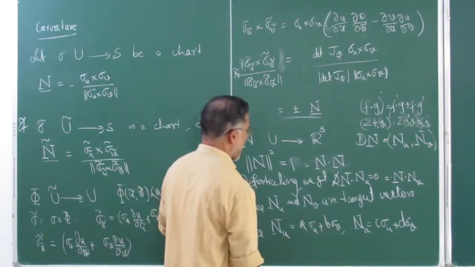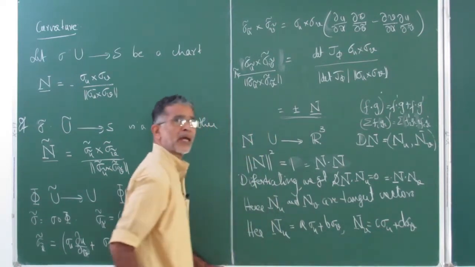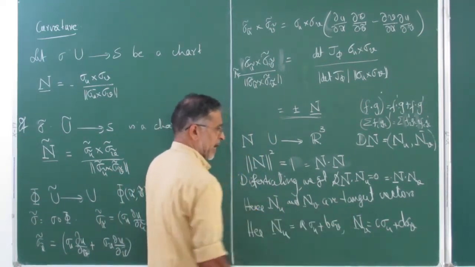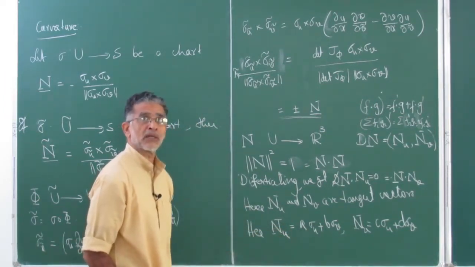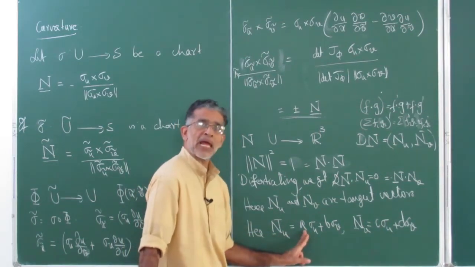And this A, B, C, D are not constants. Because at every point you evaluate u, v, you get A of u, v.